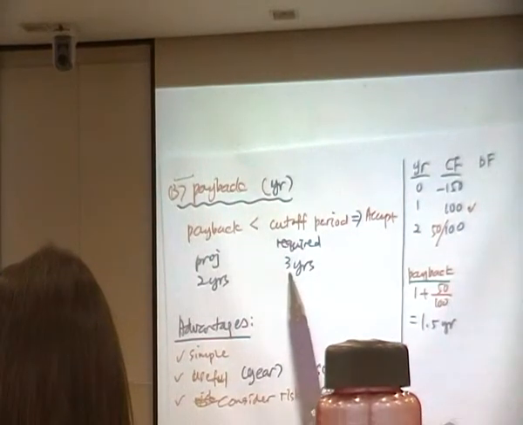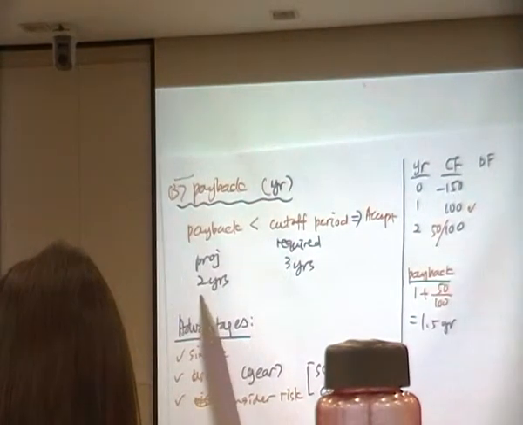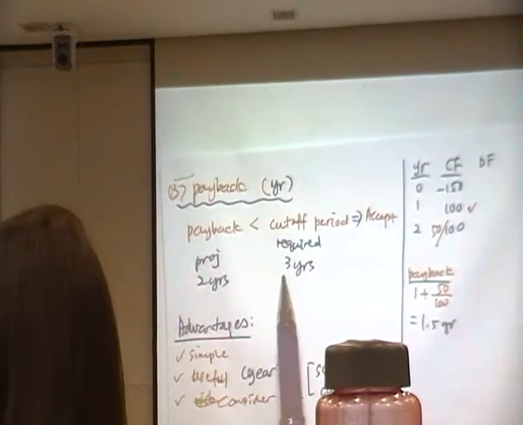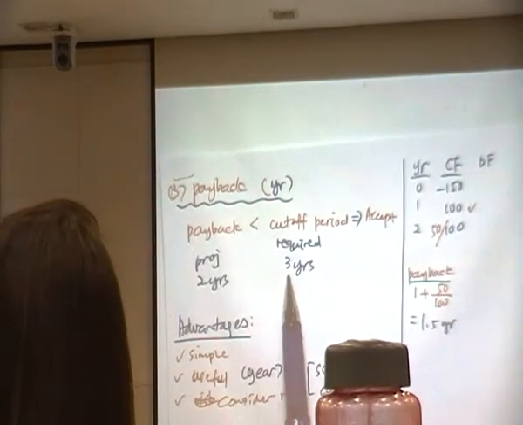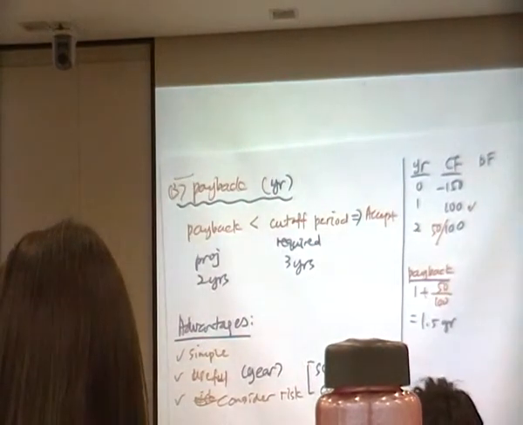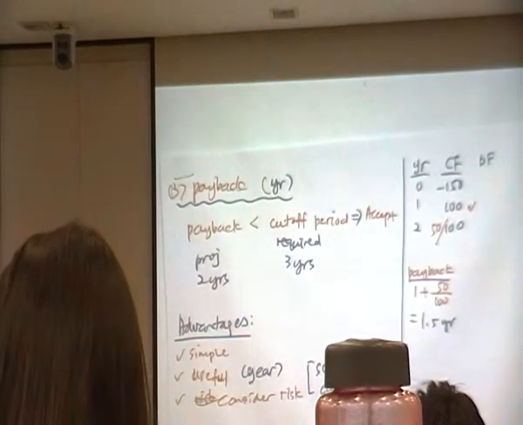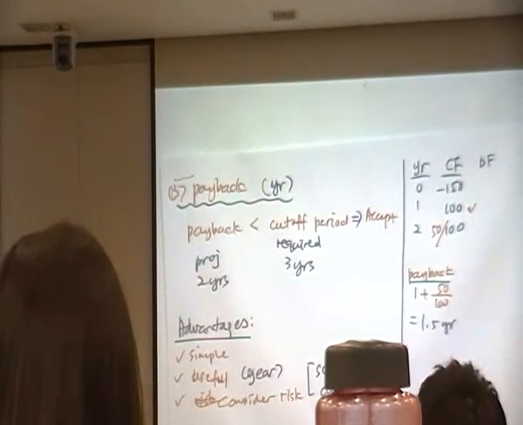If the manager says it's 1.5 years, we're going to reject this project already. Manager A can set 3 years. Manager B sets 1.5 years. Manager A will say accept, manager B will say reject. So that's why it's very subjective in terms of the cut-off period that we set.